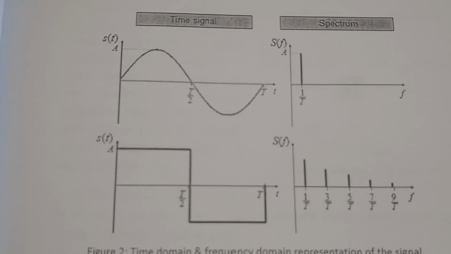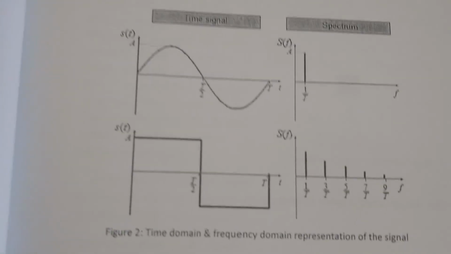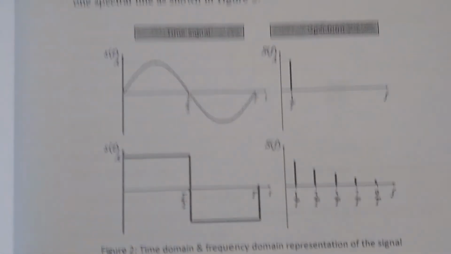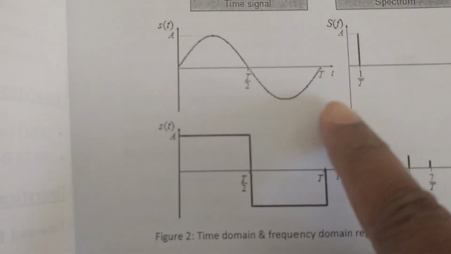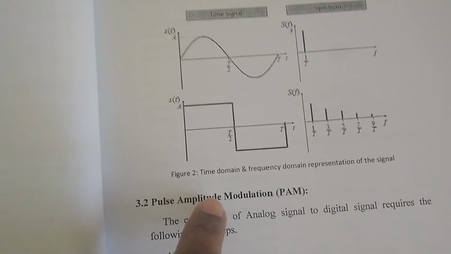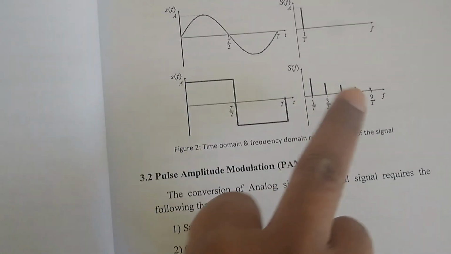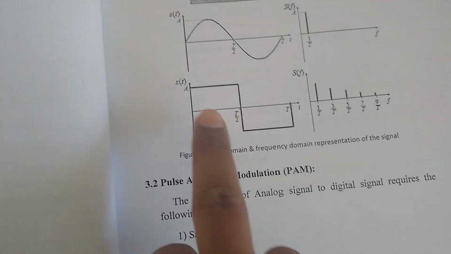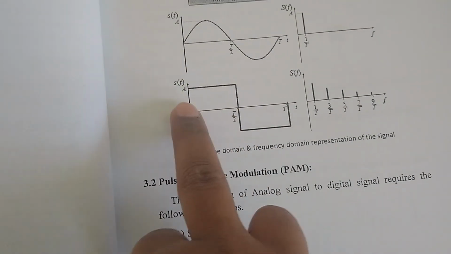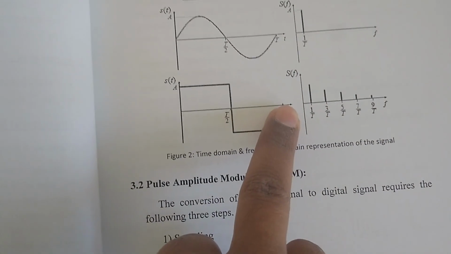In the second part, the spectrum part, there is one sample of the spectrum, which is coming at 1 by T. This is the time domain representation and this is the frequency domain representation, from 0 to T for this square wave.